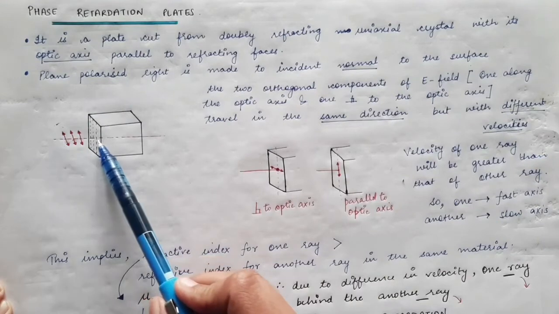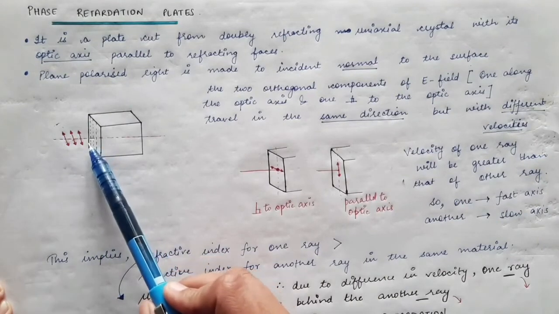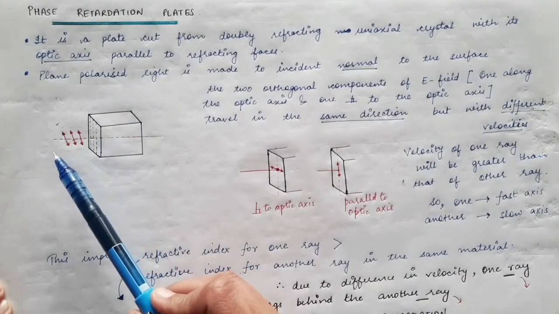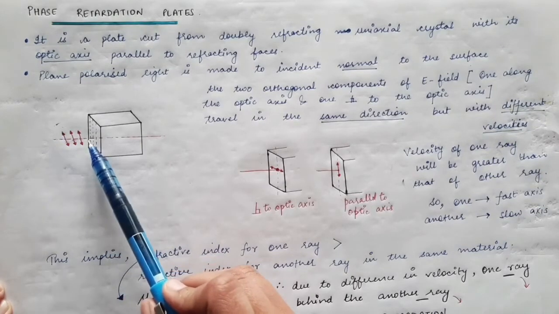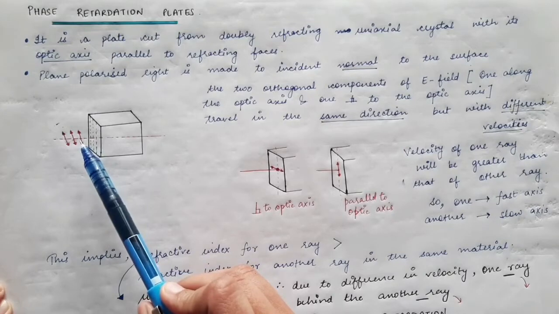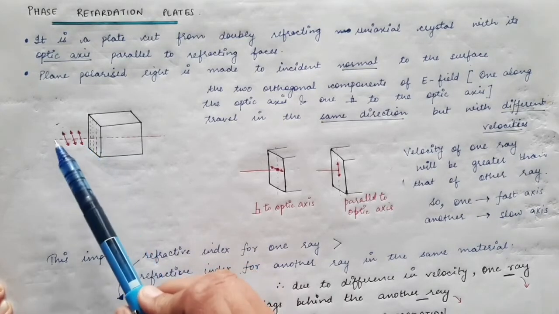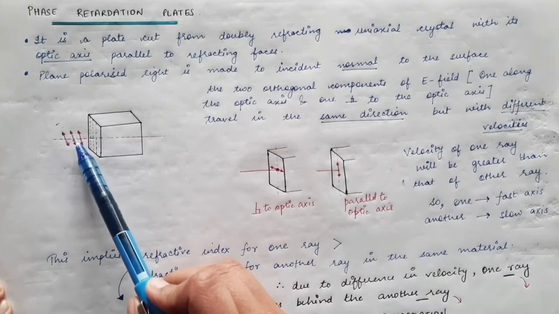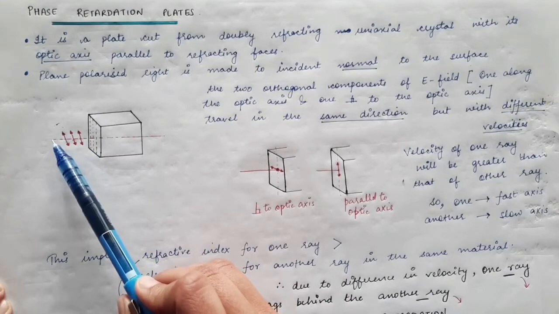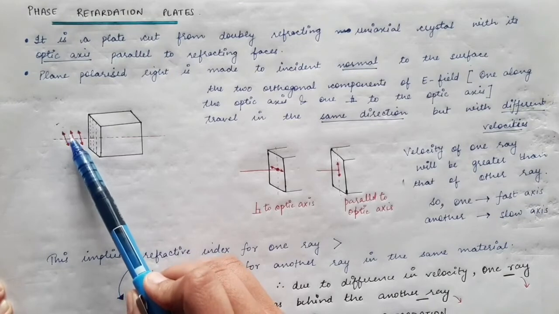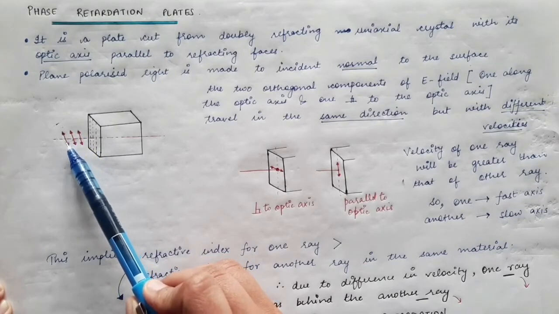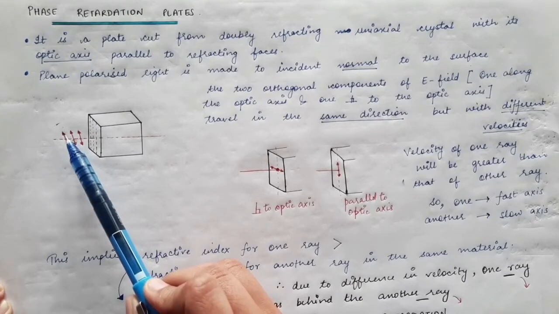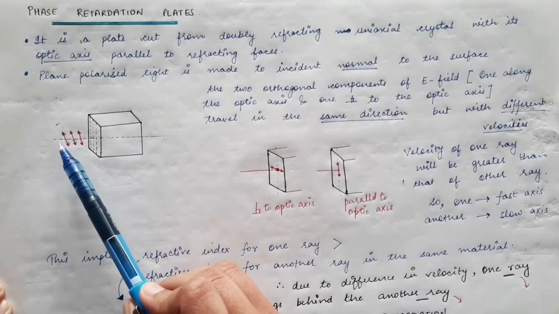Now this plane polarized light has electric field vibrations that occur in a single plane. So let's say the vibrations of the electric field for this case of plane polarized light are in this direction which I have shown over here. These are not in the plane of paper, so they are tilted by some angle.